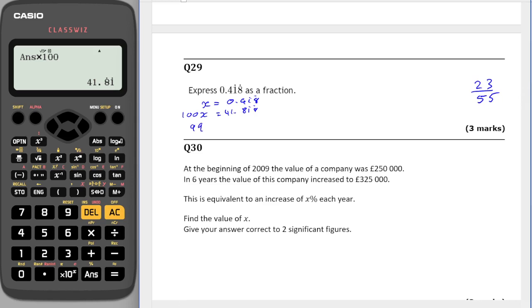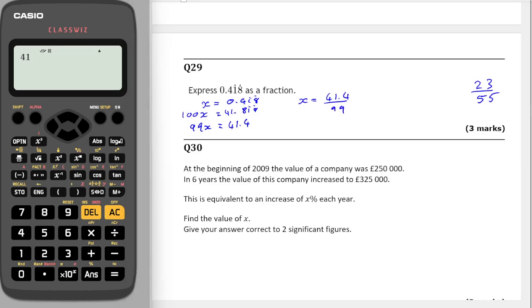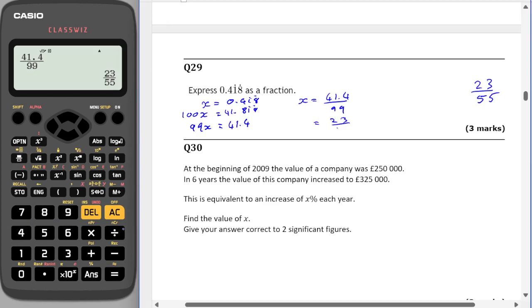So 99x is going to be equal to these two values subtracted, so 41.4. So x is going to be equal to 41.4 over 99, which if we type that in, 41.4 over 99 gives us 23 over 55.